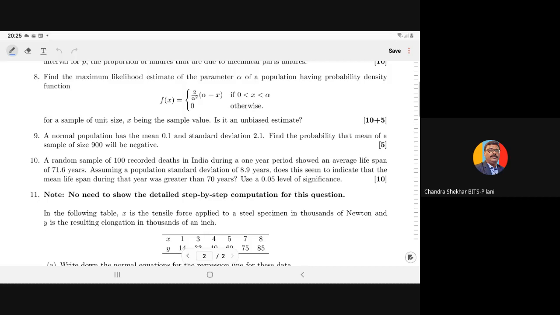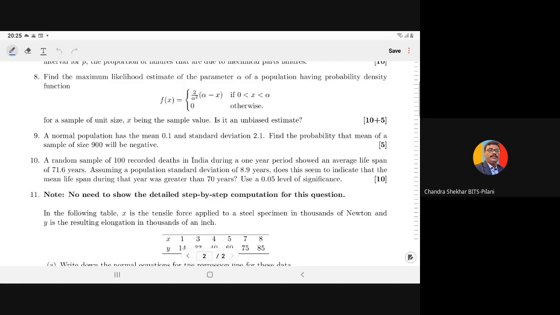Assuming a population standard deviation of 8.9 years, means sigma is known. Does this seem to indicate that the mean lifespan during that year was greater than 70? So this is the claim that the mean life of an individual is greater than 70. Use 0.05 level of significance.